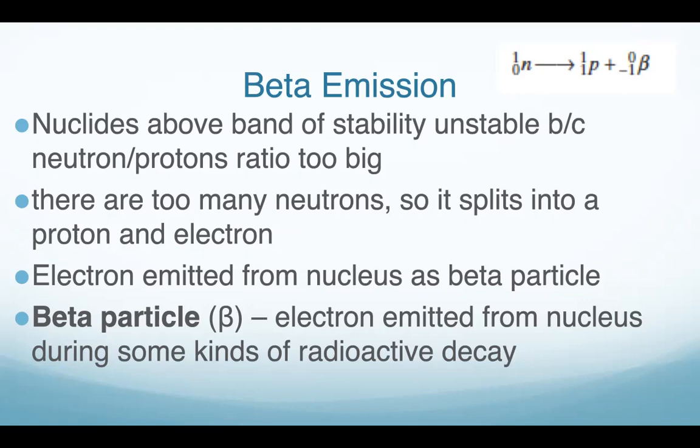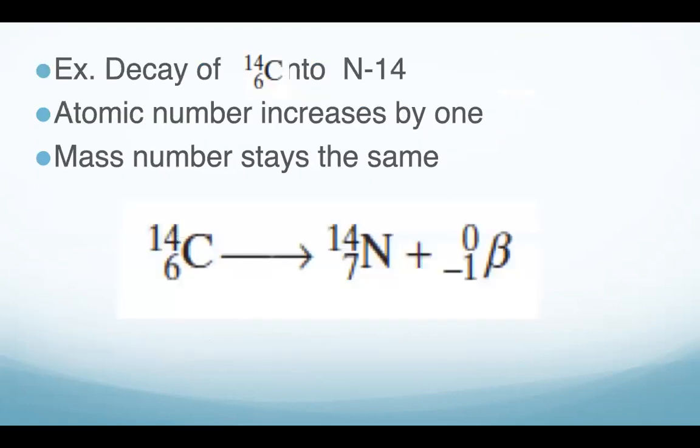So you can see from the nuclear equation here at the top, you have a neutron, which becomes a proton and releases a beta particle. So you abbreviate it with the Greek letter beta. It has 0 mass, but a charge of -1. An example is the decay of carbon-14 into nitrogen-14.